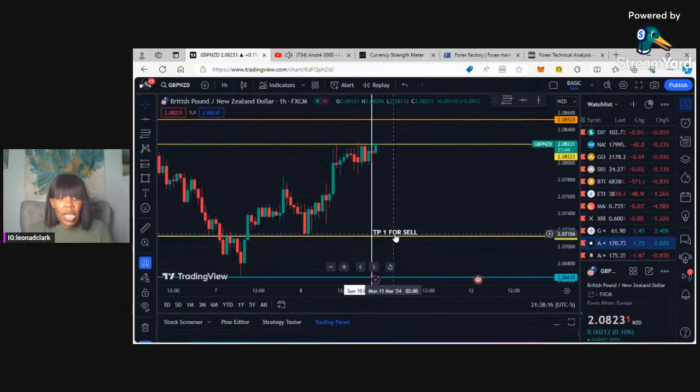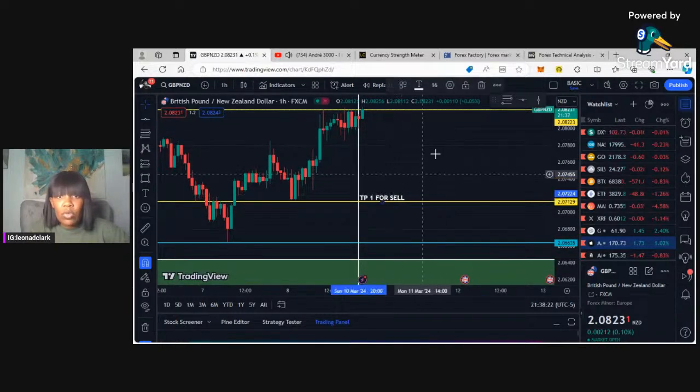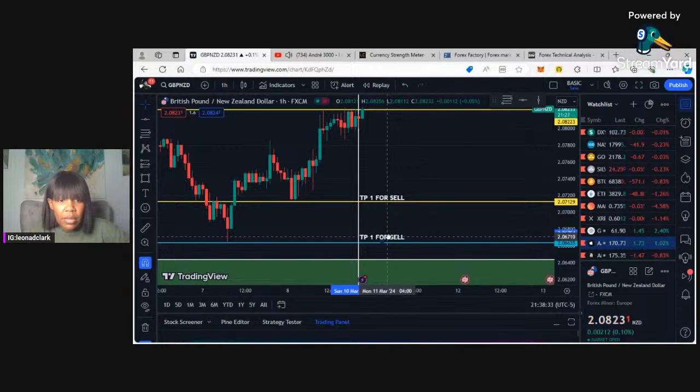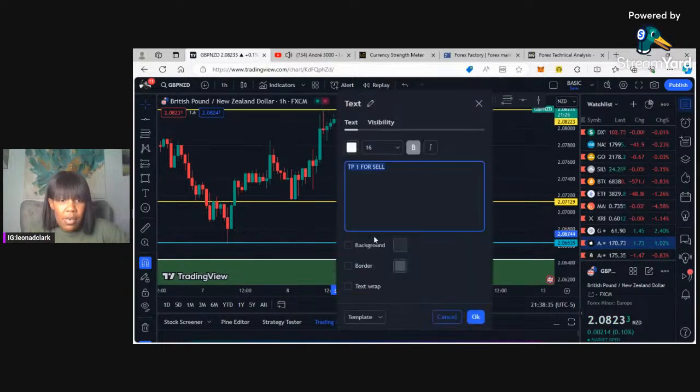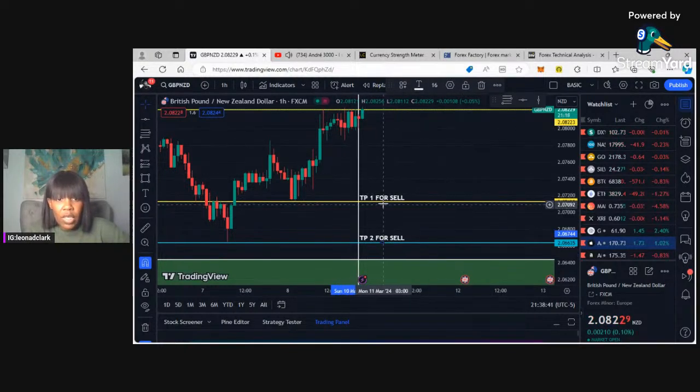This is your potential take profit one for a sell, only if your risk to reward ratio lines up. Take profit two is going to be our previous week low here. And again, if the risk to reward ratio is not lining up for this, then this previous week low will end up being your take profit one.